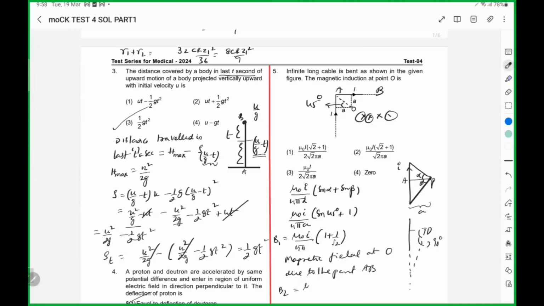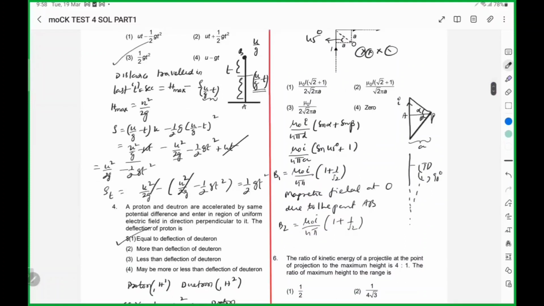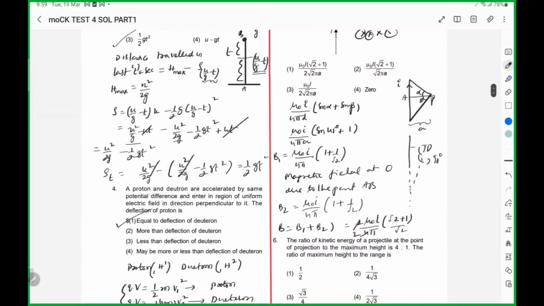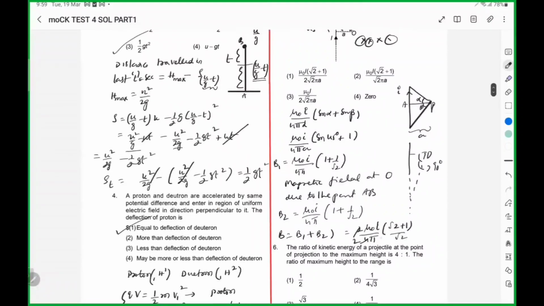So this will be mu naught I by 4 pi a, 1 plus 1 by root 2. So both the magnetic fields are in the same direction. We can add it, 2 times mu naught I by 4 pi a, root 2 plus 1 by root 2, that is mu naught I by 4 pi a. Finally, it is mu naught I root 2 plus 1 by 2 root 2 pi a.